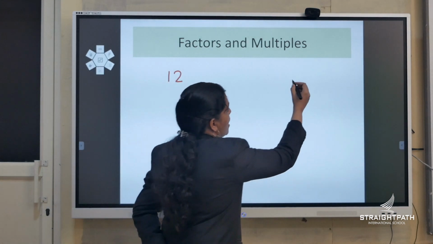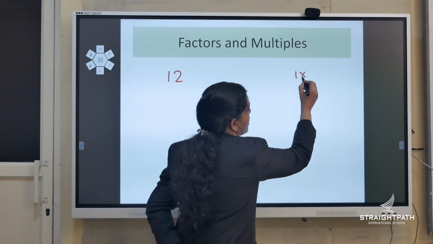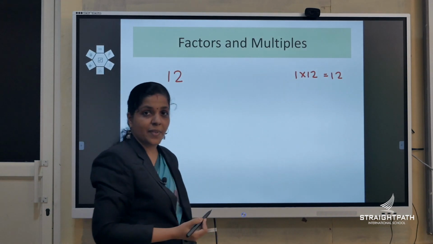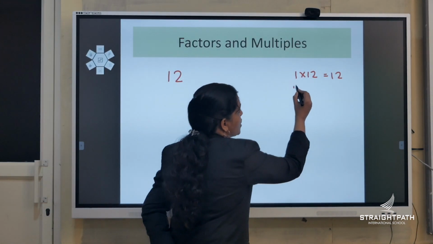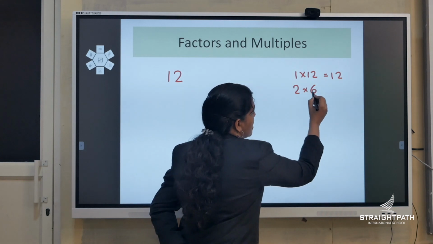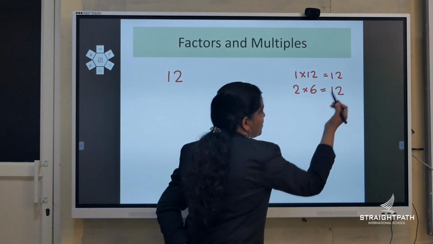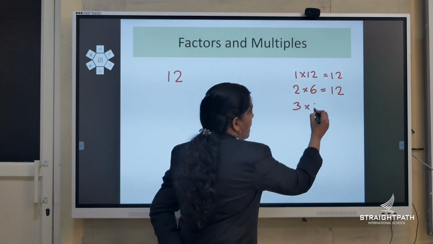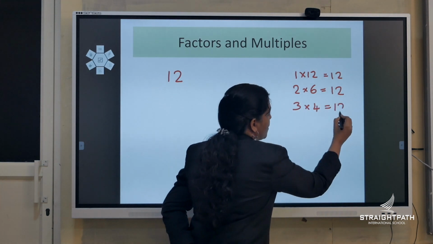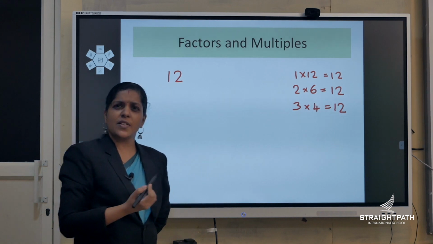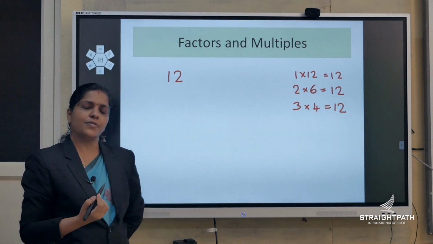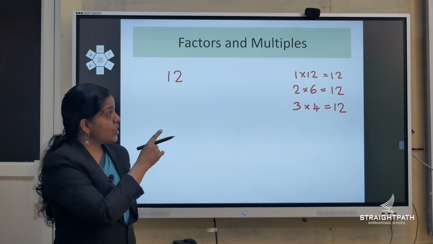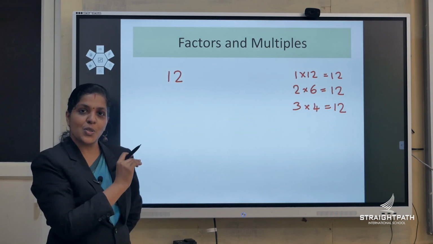As we all know, 1 into 12 is 12. Then 2 into 6 is 12. 3 into 4 is 12. Any other numbers when we multiply will we get 12? No, right? So 1 into 12, 12, 2 into 6, 12, 3 into 4, 12.